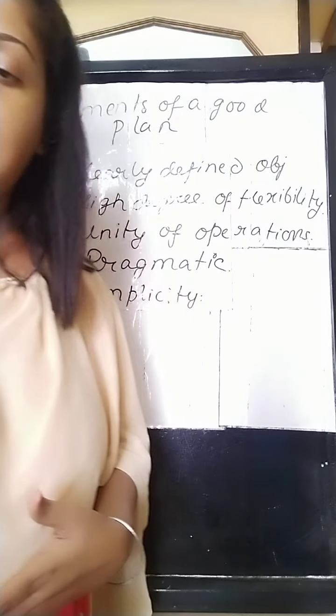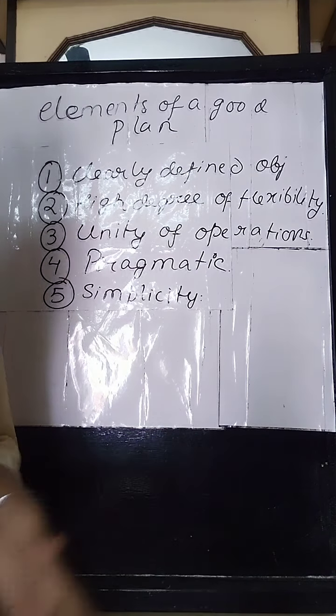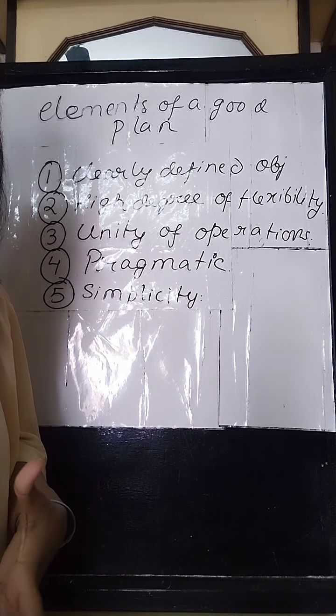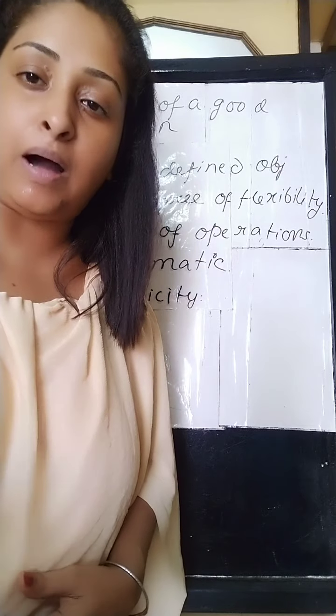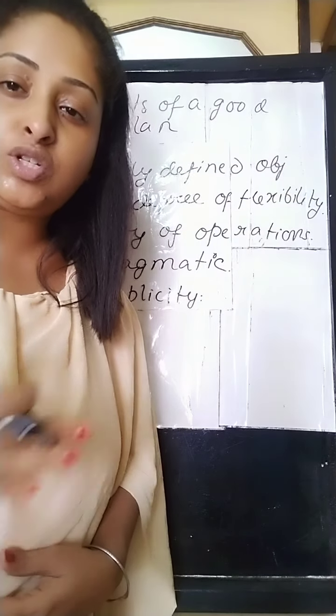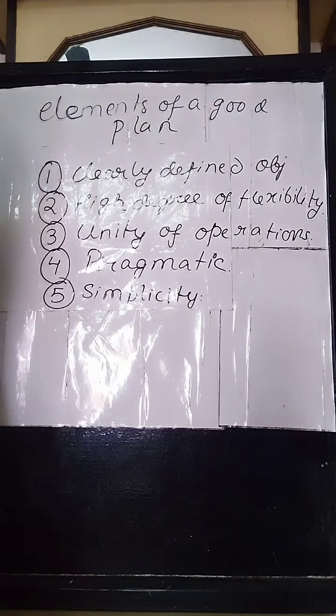Employees of an organization should have a clear vision of the content of the plan. It should have communicating power among the executives. So it should be simple, basic, easy to understand.